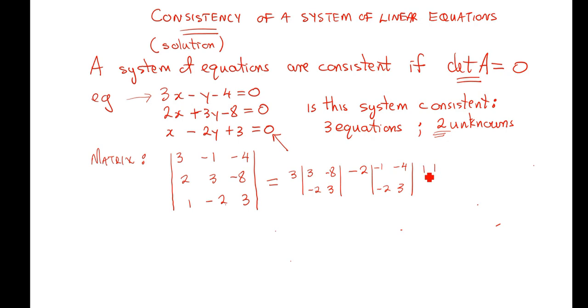Then 1 and the place sign is plus. Remember, I'm expanding along the first column. What is the minor of 1? Minus 1, minus 4, 3, minus 8. And working that out, I get an answer of 21.